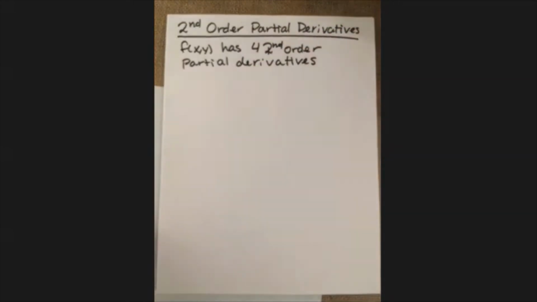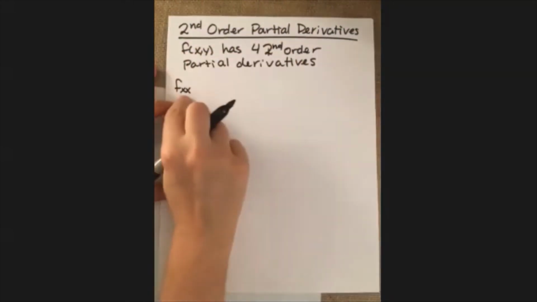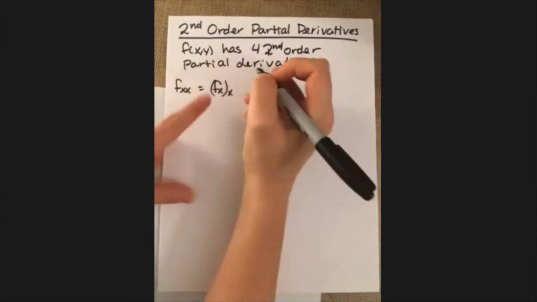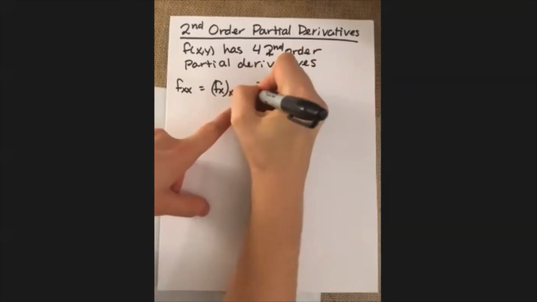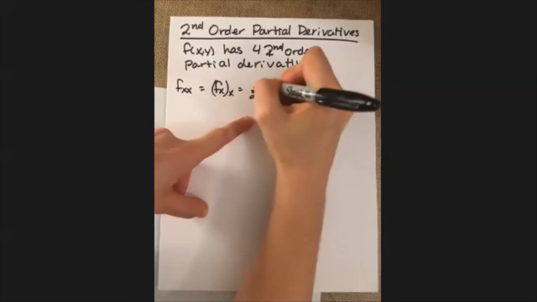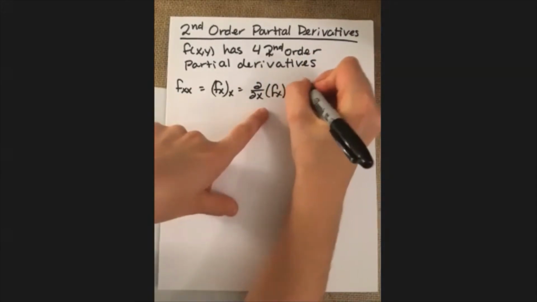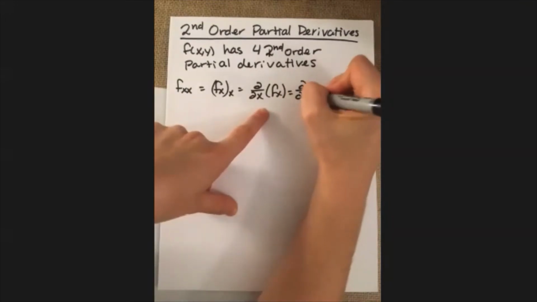And so one of them is fxx, so this is taking the derivative with respect to x twice. We can also write this as partial with respect to x of f of x, or fx, and then you may also see it written like this, just to give you an overview of what some of the notation looks like.